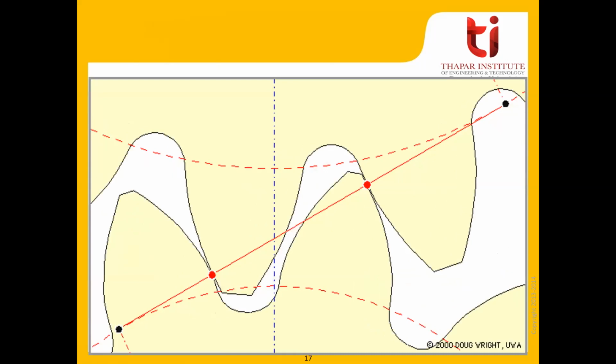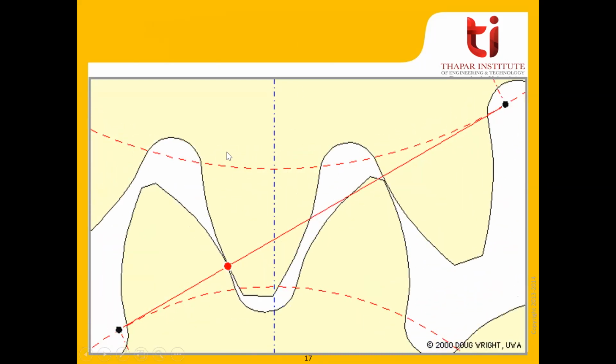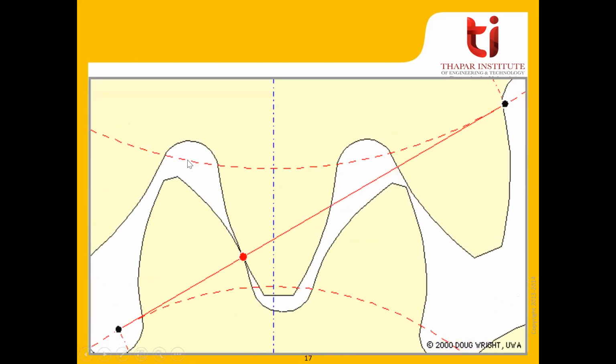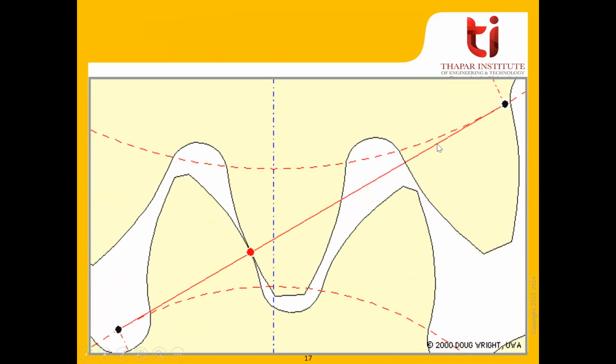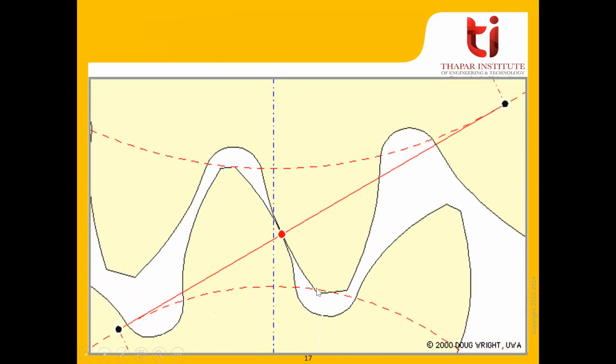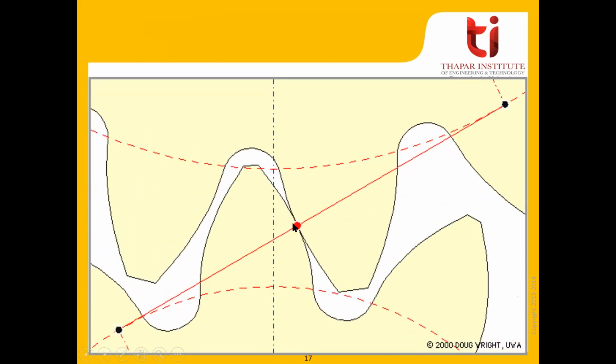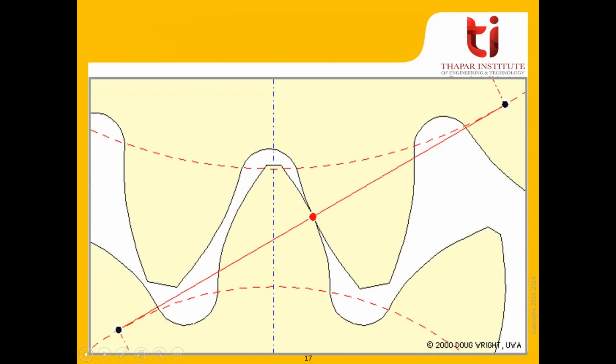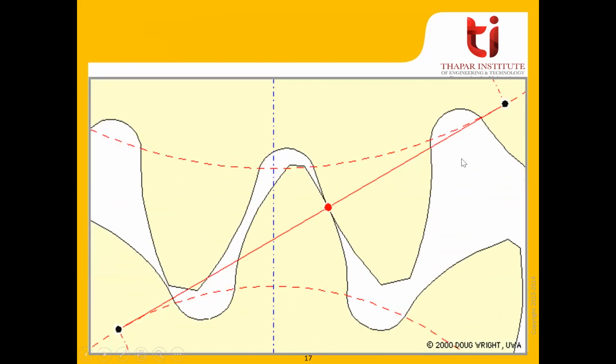Now, you can see this is the base circle of one gear, and this is the base circle of another gear. And this red line is the common tangent to both of the base circles.